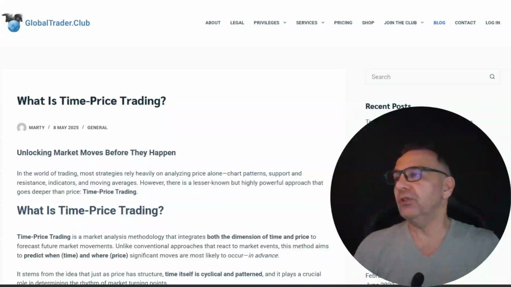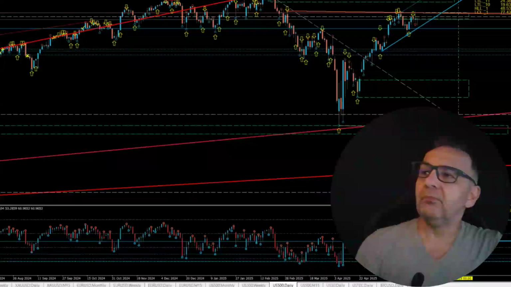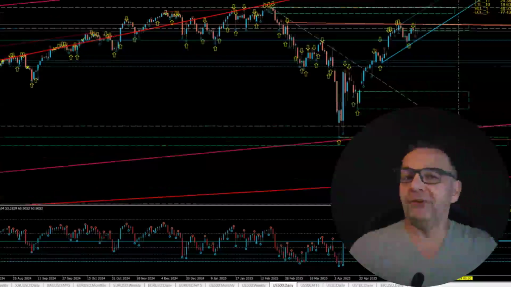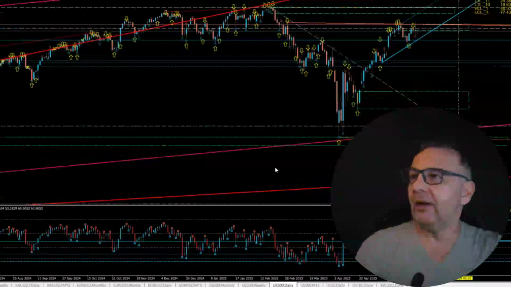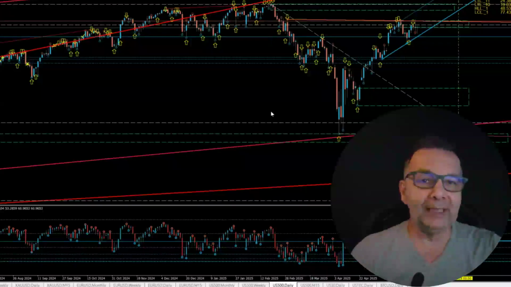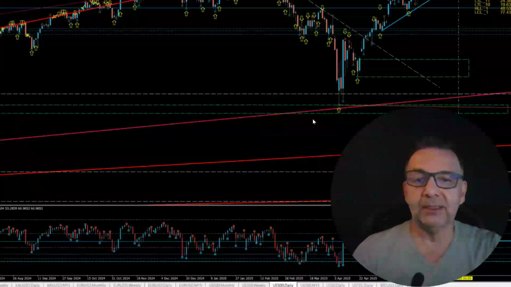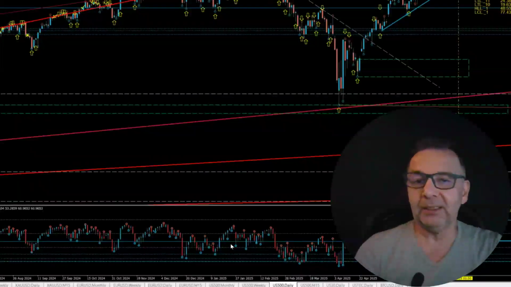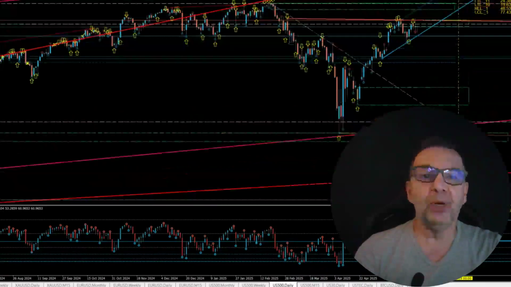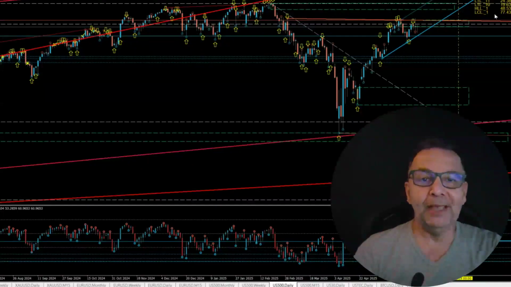If you're new to the channel, I'll show you now. This is the SP 500. I've got the swing days calculated here. You see all these arrows, the swing days, they've all been calculated in advance. I've got price levels here as well, and below there's a PST indicator which gives me pricing. All these yellow markings at the top are price levels.